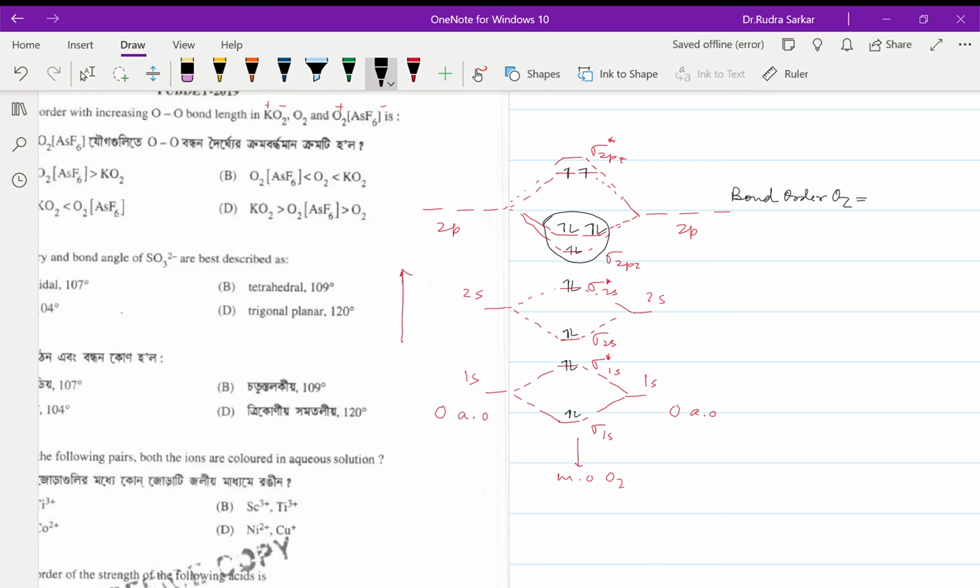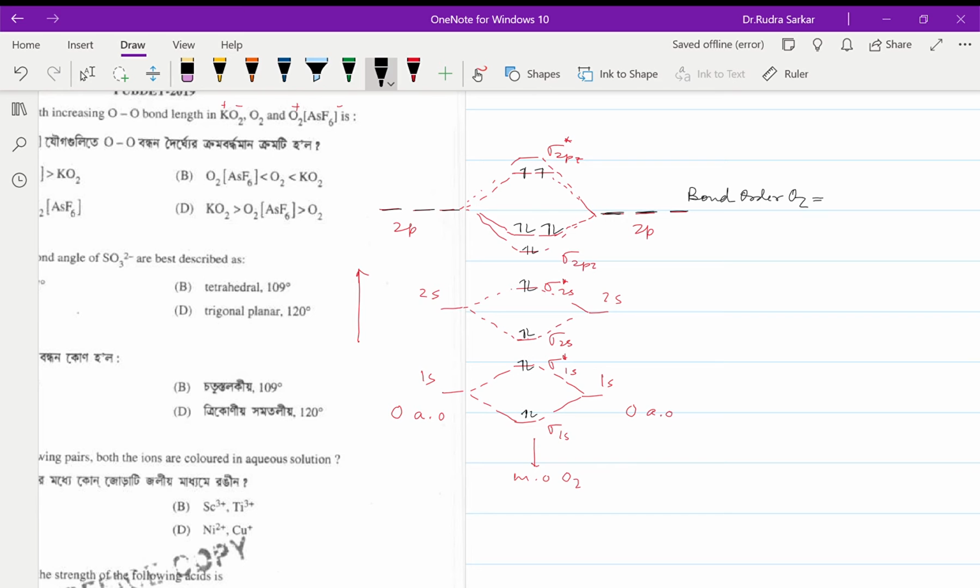Now with respect to this level and that level, the ones that are lying below are the bonding, and this one is the anti-bonding. Keep that in mind. So we can see over here there are 6 bonding electrons and 2 anti-bonding electrons. So obviously the bond order is 2 over here.